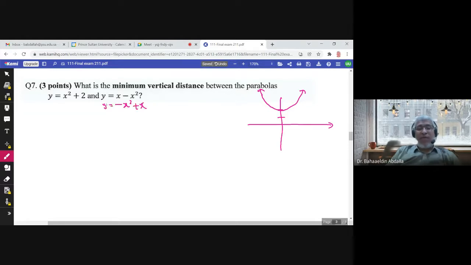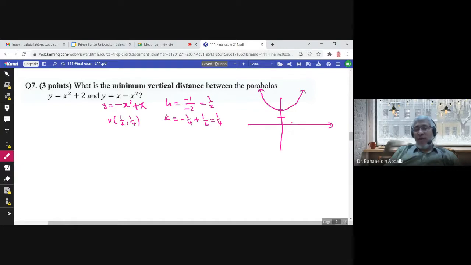Okay, I can find the vertex: h is negative b over 2a. b is 1, a is negative 1, so 2a would be negative 2. So h is half. k would be negative 1 over 4 plus half, and that's 1 over 4. So the vertex of this parabola would be half and 1 over 4.